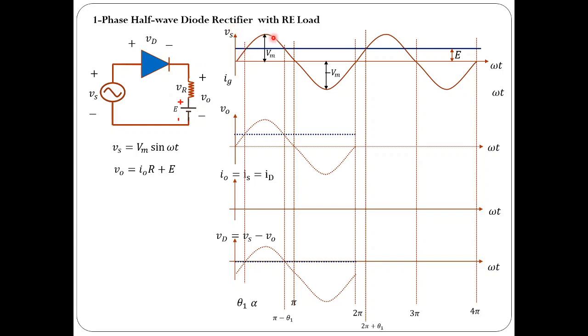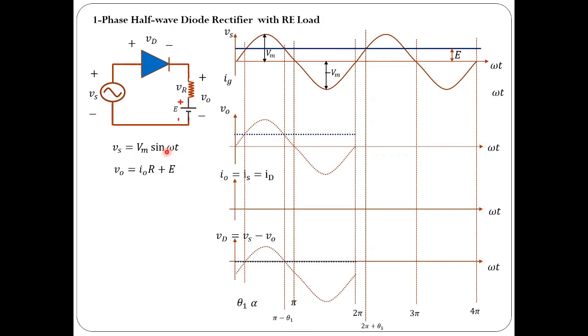So this is the input voltage, and the battery voltage is shown by this thick blue line. This is E. As long as Vs is less than this battery voltage, the diode is going to be reverse biased, so the diode won't conduct. So the current through the load is 0, and the voltage across the load is the same as the battery voltage.